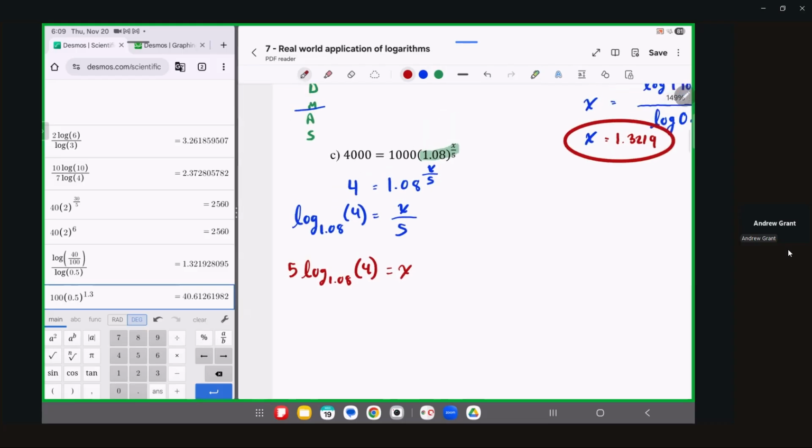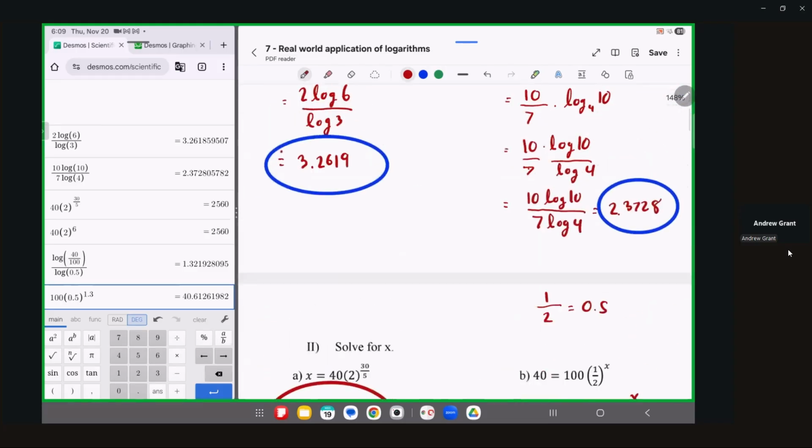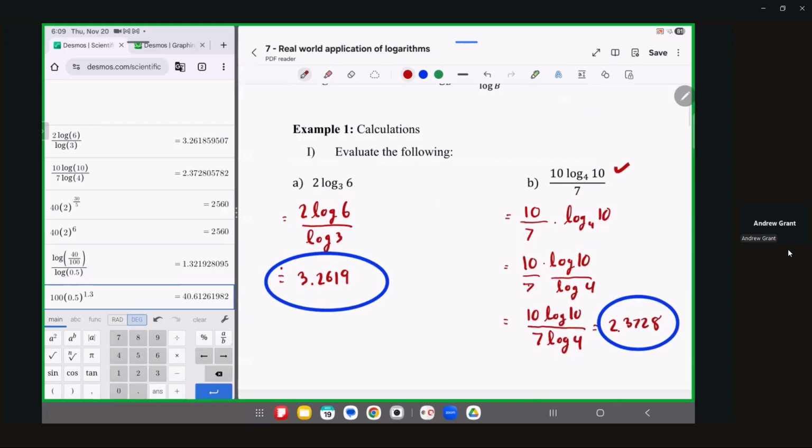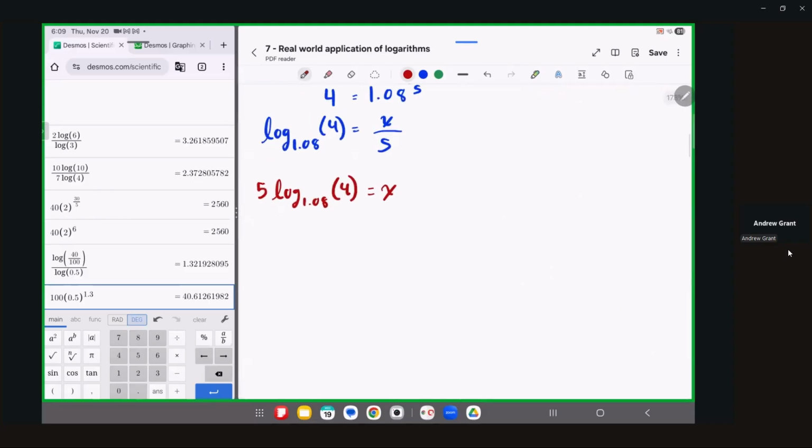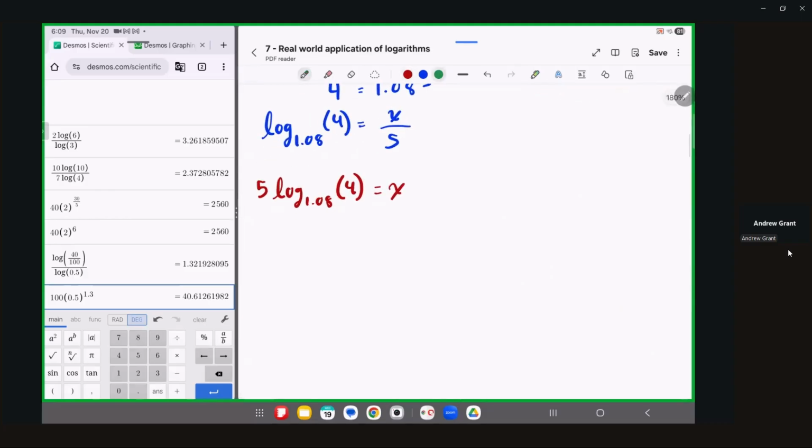And you might notice this already looks quite familiar to the first question we already solved, just with not as pleasant looking numbers. So using the change of base formula, we can finally write this as x is equal to 5 times the log of 4 divided by log of 1.08.